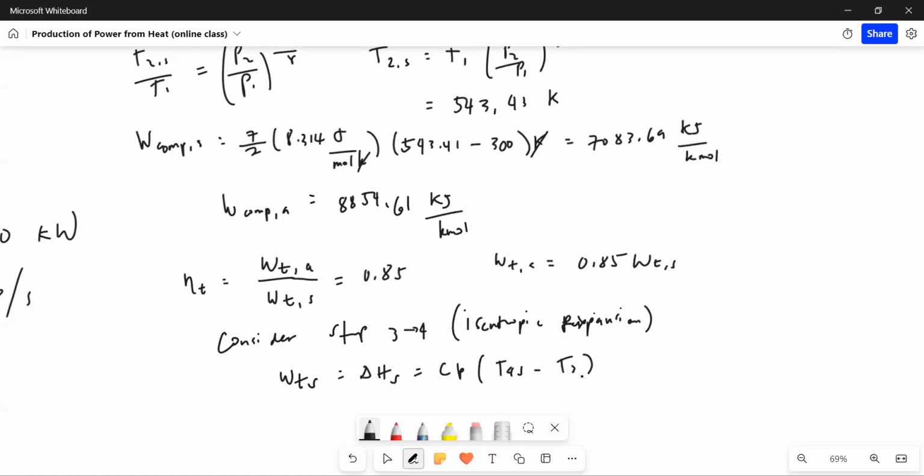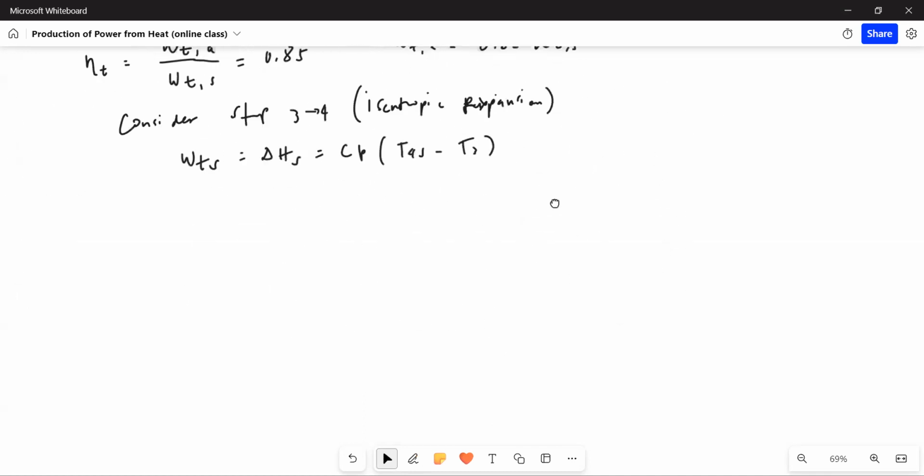Since it's an isentropic expansion, we can make use of the equation T4s over T3 equal to P4 over P3 raised to gamma minus 1 over gamma.